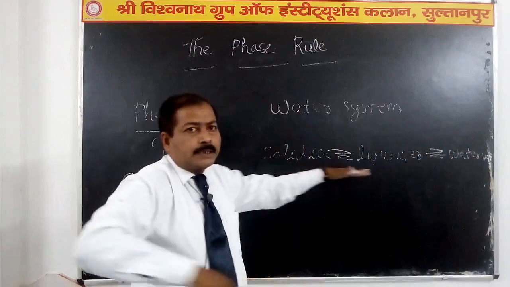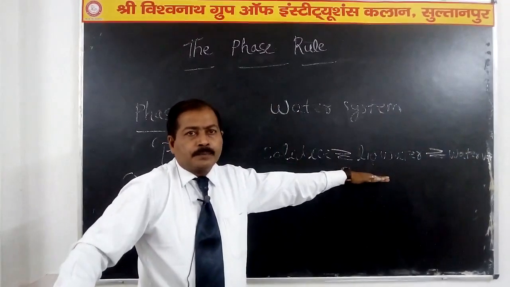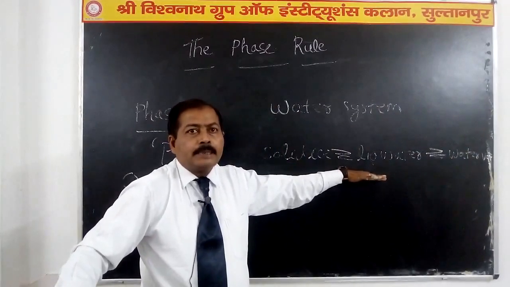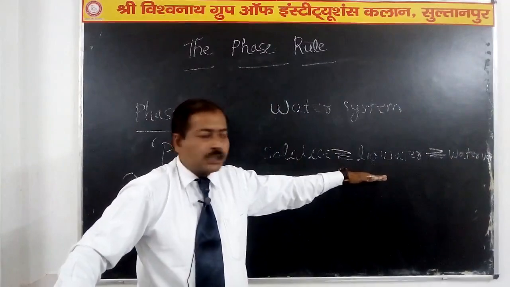These three phases of the water system can be described by the simple chemical formula, that is H2O.